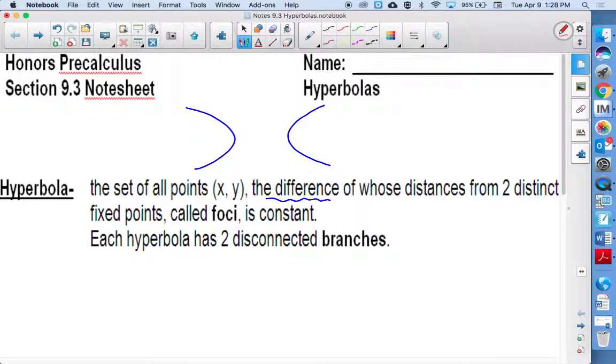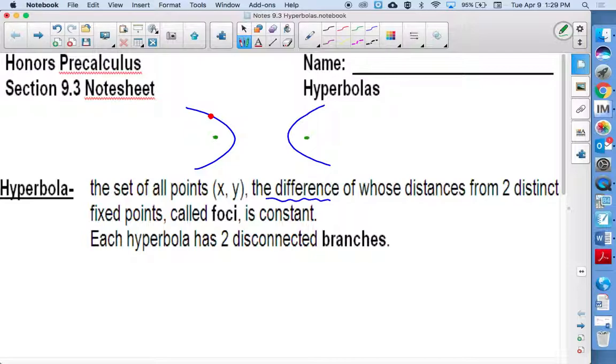So this says that any point on one of these branches, wherever your point happens to be located, so I'll pick a point right here, we have two distinct points called foci. Those points are in the mouth, as I call it, of the branches. So they're always inside, whether it's inside the ellipse, inside the parabola, or in this case inside those two branches.